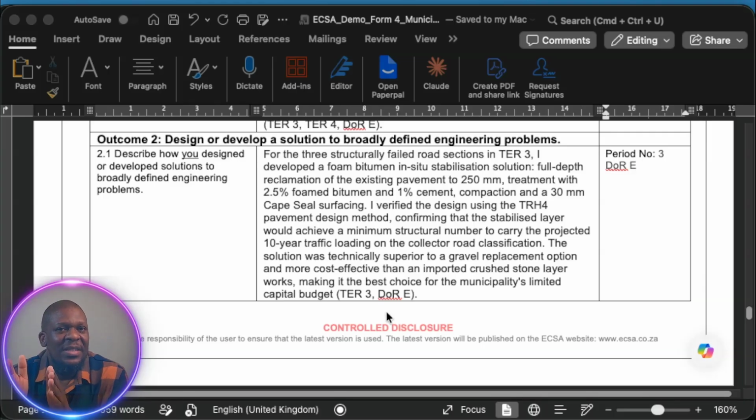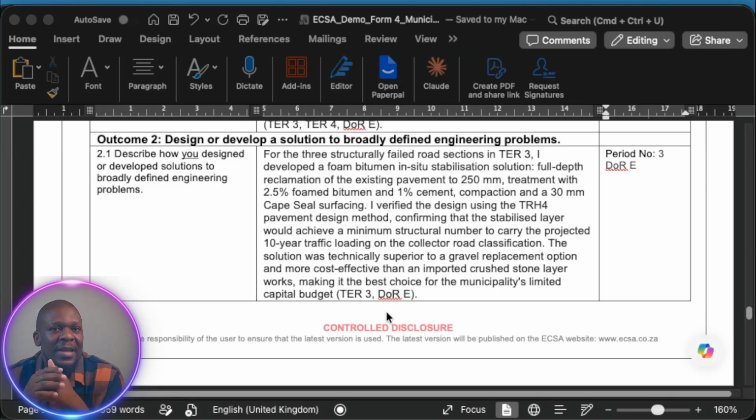You might be developing solutions. Hence, they say design or develop. If you are not doing a design and you're not doing a develop, then it means that you are not eligible for registration. You need to be designing or developing a solution, one of the two.